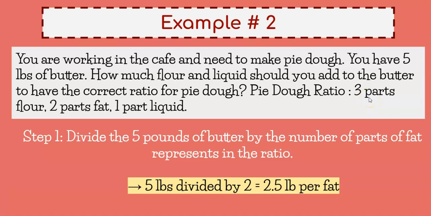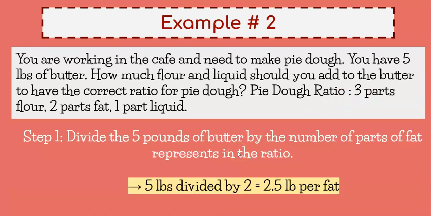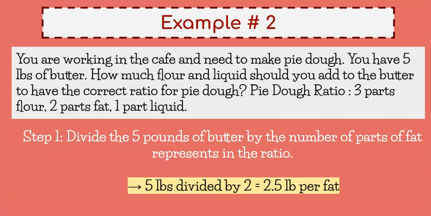For the flour, it's 3. For the liquid, it's 1. That's exactly what we're going to do. We are going to multiply the part amount by the parts. So 3 times 2.5 pounds, because the parts of flour was 3, and we calculated the part amount in step 1.